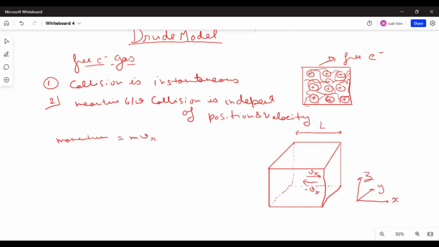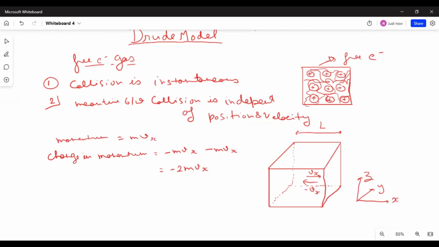So the change in momentum will be the final momentum, which is minus mvx, minus the initial momentum, which is also mvx. So the overall change in momentum is minus 2mvx.